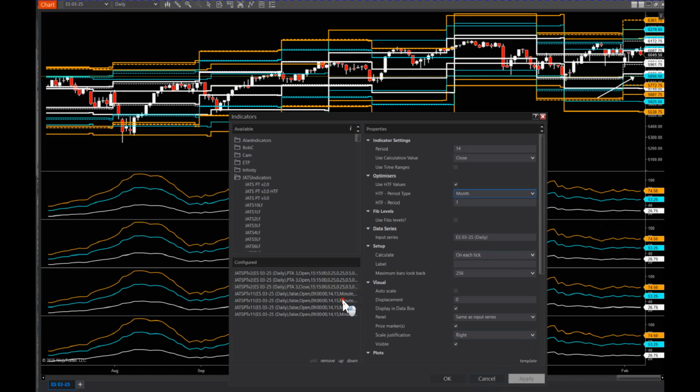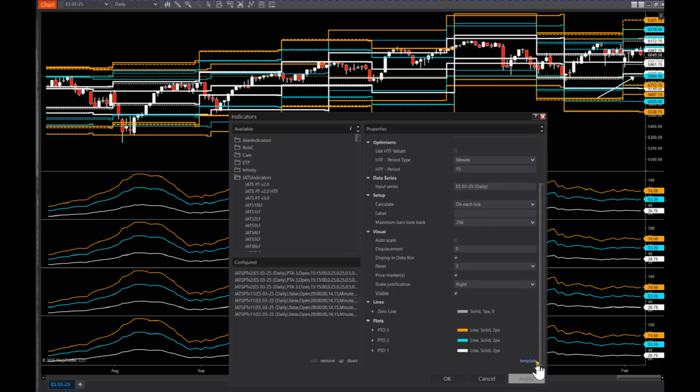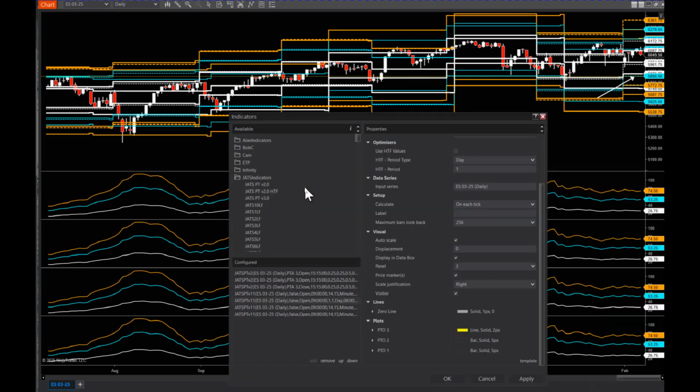So let me go down here to the second instance, and I'm going to use my template that just shows a one period, and I'm going to put it on top of that first oscillator in number 2.